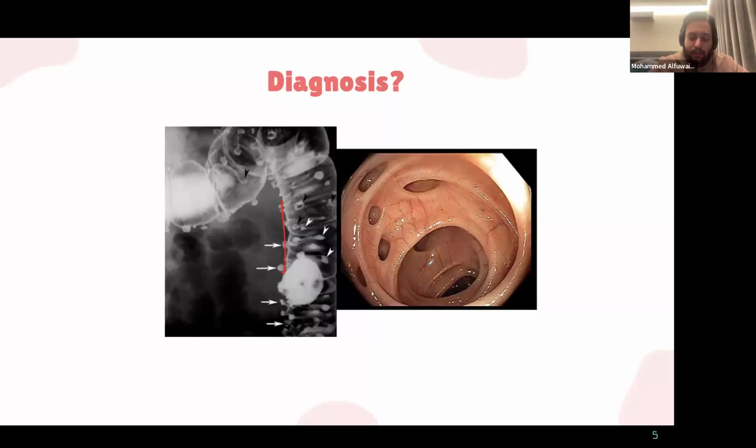However, if they have a symptom, what is that symptom? Do you guys know? If they have bleeding, good. The most common cause of lower GI bleed is diverticulosis. Do you guys know what the second most common cause is?